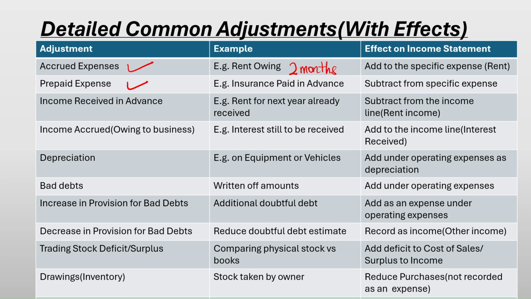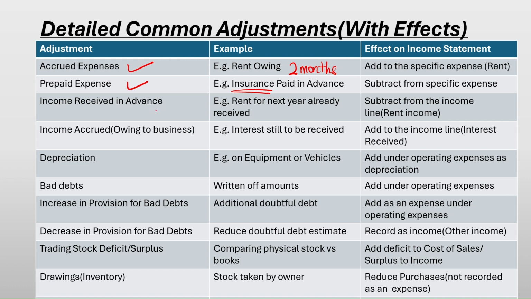That money needs to come back to us, right? And what are we going to do in the income statement? We are going to subtract from that specific expense. For example, with insurance, we take the amount for insurance in the trial balance, then subtract the prepaid insurance amount that we paid for, right? So just keep that in mind.